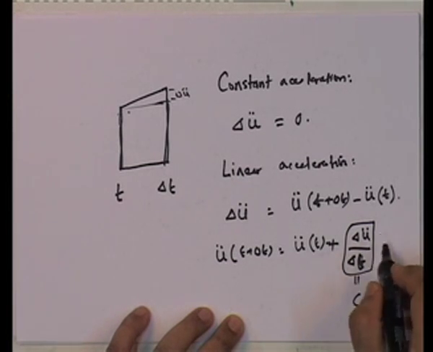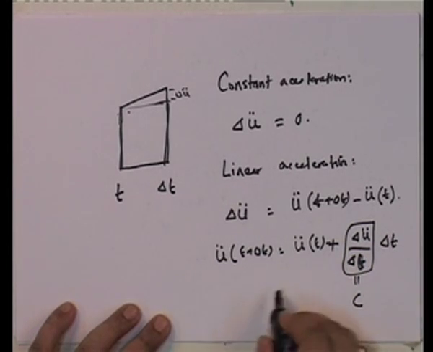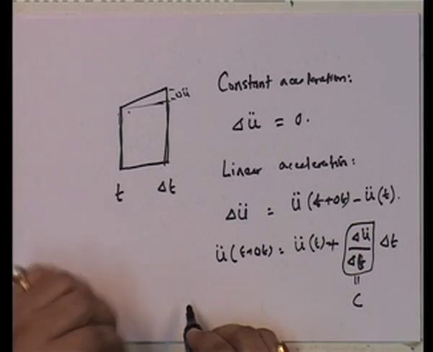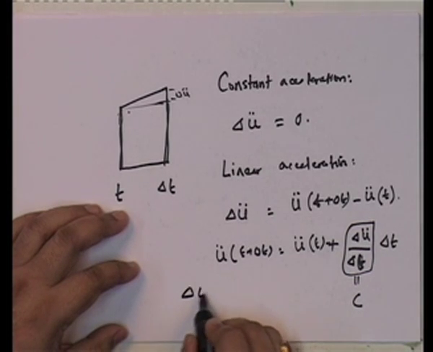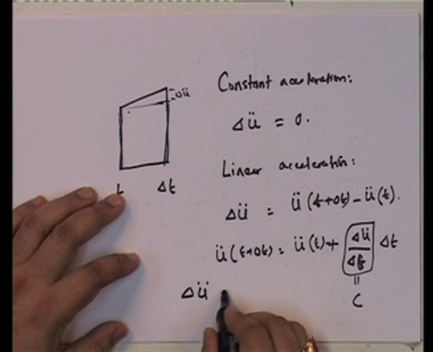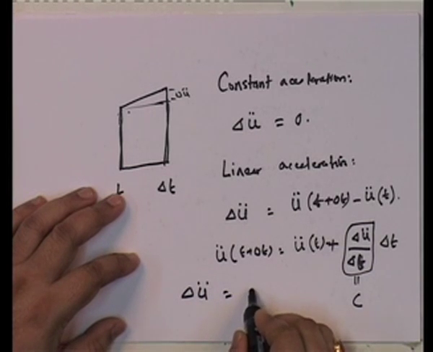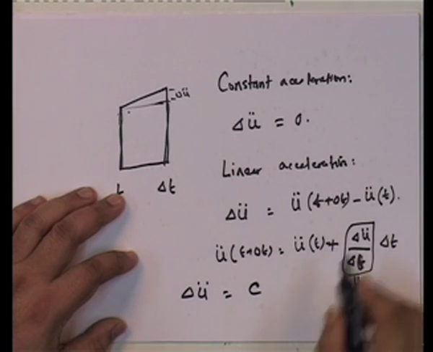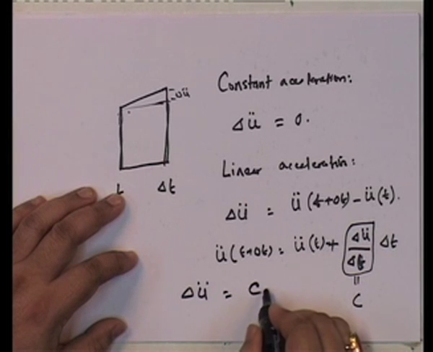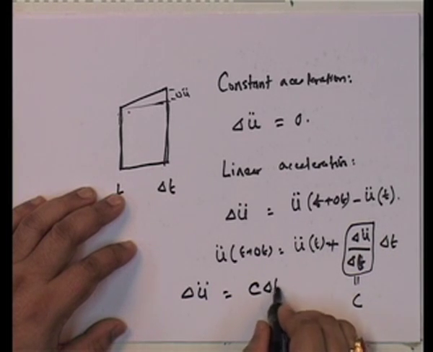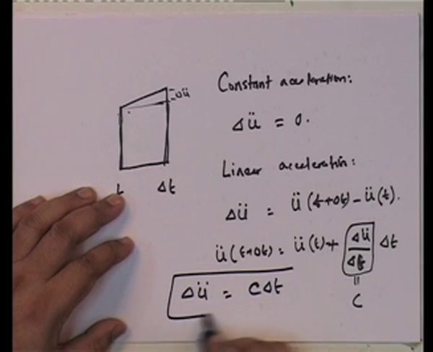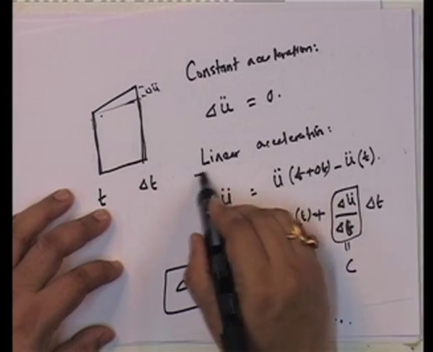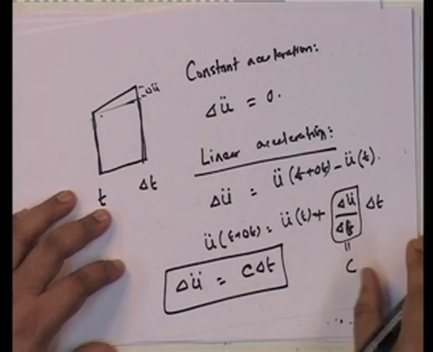So, then this into what do you get? Delta t. So, essentially you are saying that look, delta u double dot is equal to a constant into delta t. That is your assumption when you are taking linear acceleration.